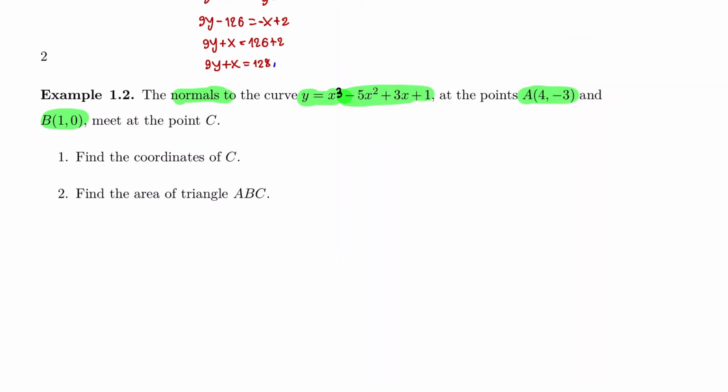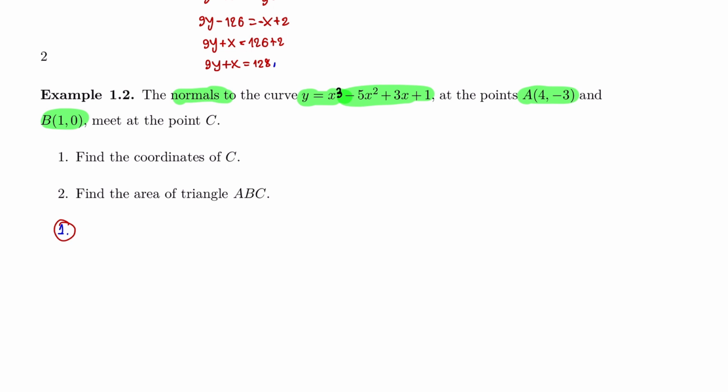If you understand the previous example, you can find the equation of the normal at point A and the equation of the normal at point B. You will have two equations of normal, and these two normals meet at point C. So we have to use simultaneous equations to solve the equations of the normals for x and y and find C.